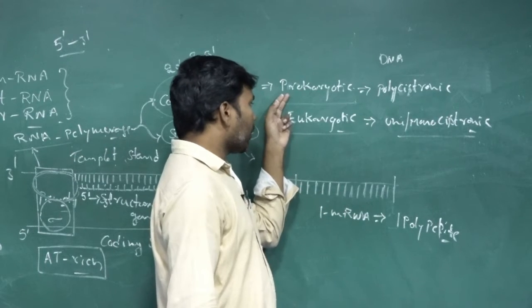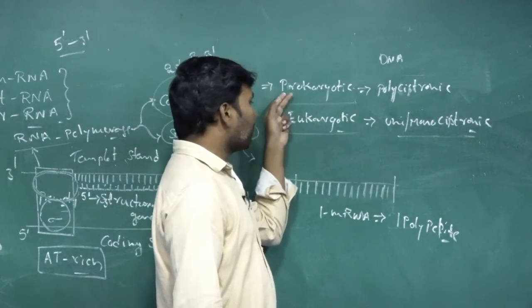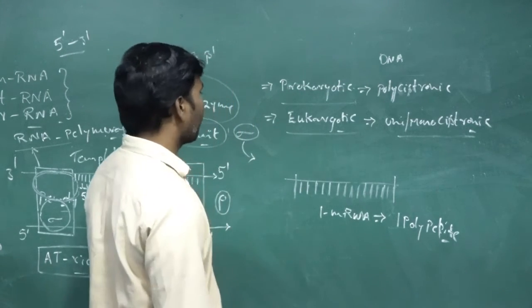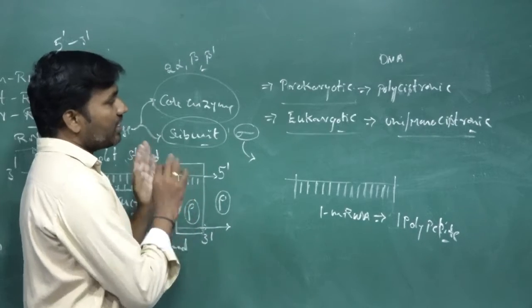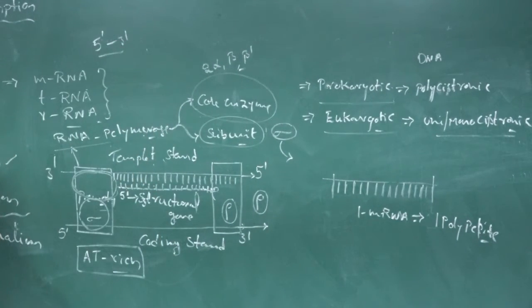Like this, the prokaryote and eukaryote mRNAs have differences in their structures. This is the way the mRNA is formed in the process of transcription.